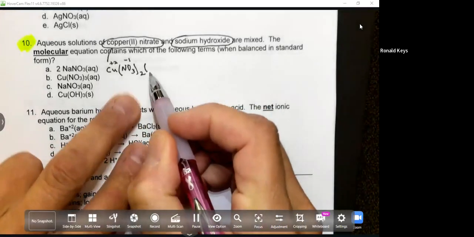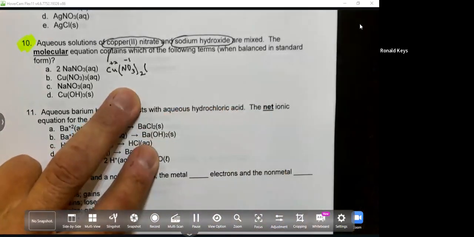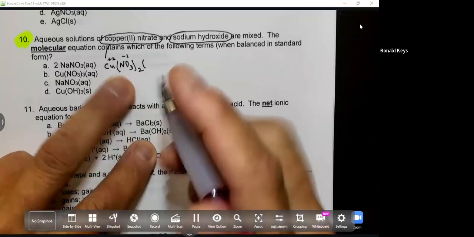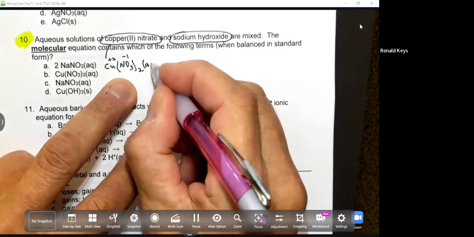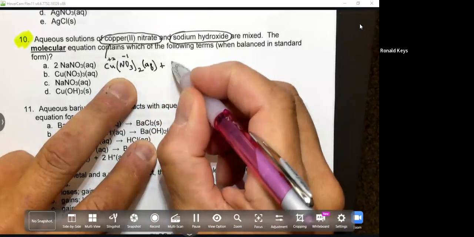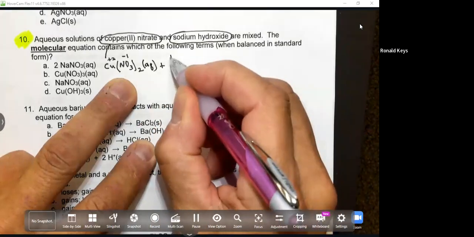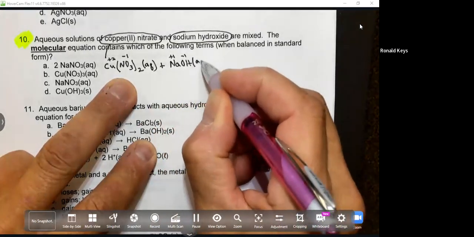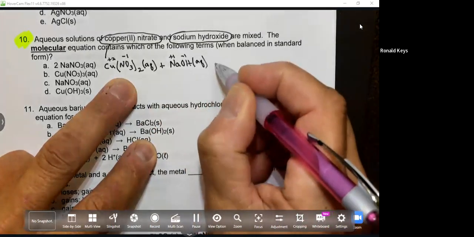Can I put aqueous here? Is this going to dissolve? Yes, because it's a nitrate, right? It says it in there, but we know that all nitrates are going to dissolve. We're going to add to that sodium hydroxide. That is aqueous.